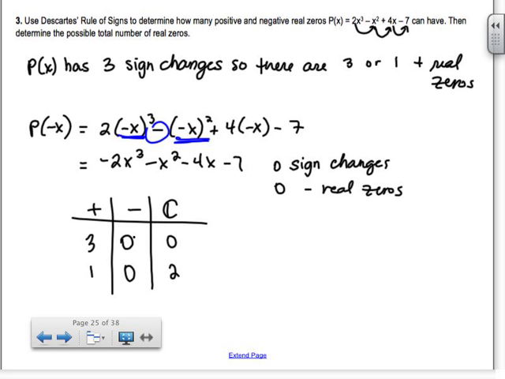Now I will say the thing that gets kind of weird on Descartes' rule of signs: let's say you do end up with 1 and 3 over here, and you're like, what? How did I get 1 and 3? Sometimes, if you look through your answer, let's say this was your original polynomial, do you see that you could pull out a factor of x?